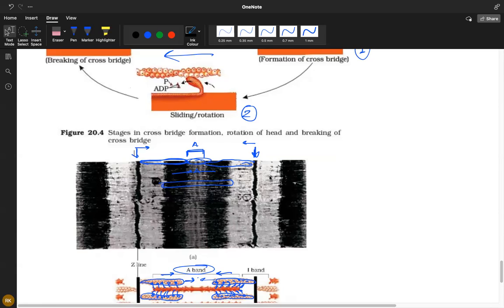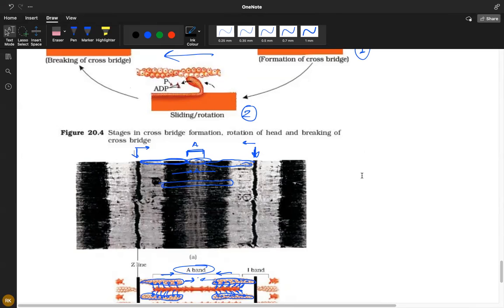Is that clear? Devangi and Janya? Good. Yes, Devangi. Sir, if the Z line moves inwards, then what will happen to the other actin attached on the other side of the Z line? Exactly.